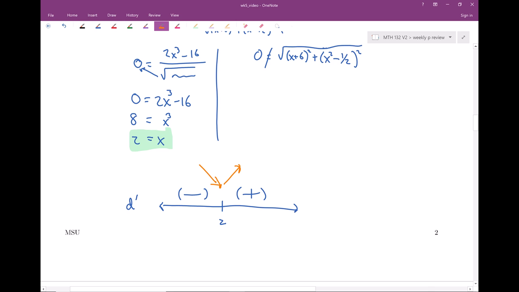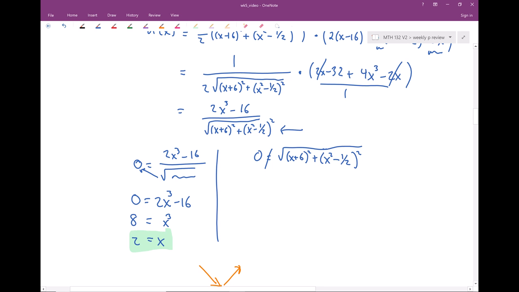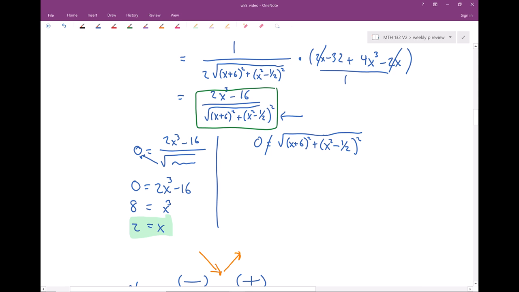In order to check and see, does this really happen, I need to go ahead and choose some test points. So maybe I choose the test points 0 and 3, and I plug those into my derivative. So okay, let's go back up here. Here was my last version of my derivative. Let's go ahead and plug in 0, for instance. So d prime of 0, the numerator is just going to be negative 16.